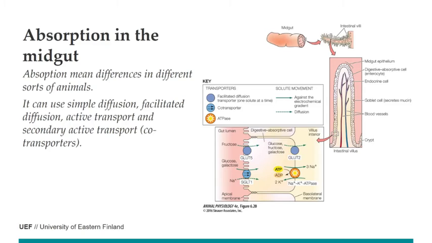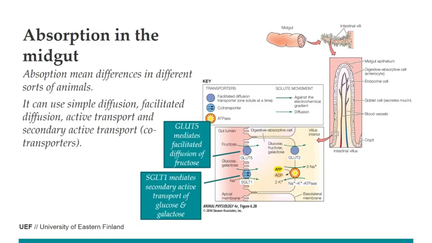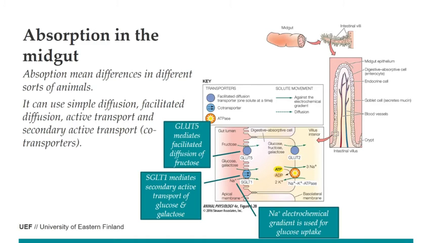And this we have already checked in some previous videos, but let's review it. For sugars, we can have different kinds of mechanisms. We have one protein that works on facilitated diffusion for fructose. Then we have a secondary active transport for glucose and galactose. So although fructose and glucose don't look so different, they are going through different roads. One needs a sodium gradient, one doesn't.